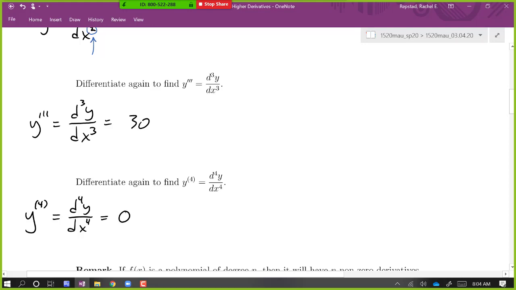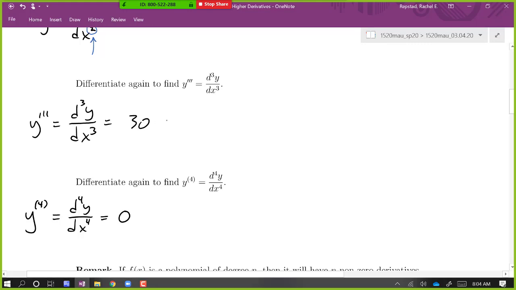If the original function we start with, like 5x cubed minus 2x, is a polynomial, that means just positive integer powers on x, you'll eventually get to 0 when you take the derivative. And if you have a polynomial of degree n, there are precisely n non-zero derivatives.